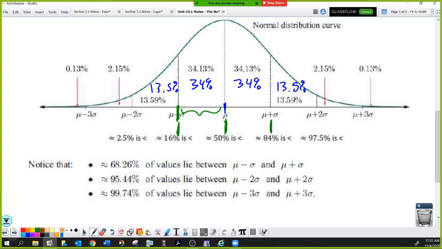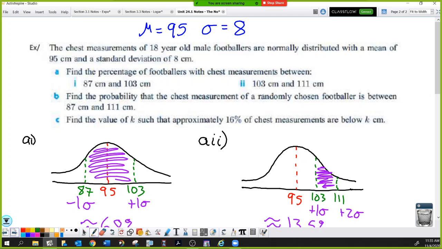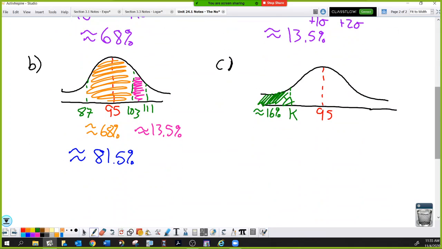So that K value is minus 1 standard deviation: the mean minus 1 standard deviation, or 95 minus 8, which is 87.